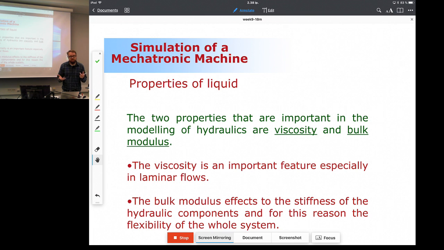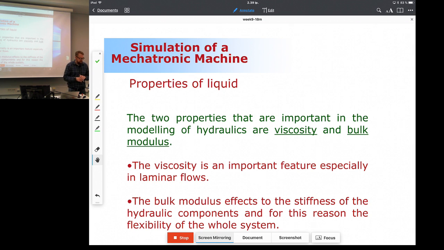And in that case, the flow is not laminar, but turbulent. In a turbulent flow, theoretically, the viscosity is irrelevant. So the viscosity is good for you to know, but we are not going to use it extensively in our simulation.